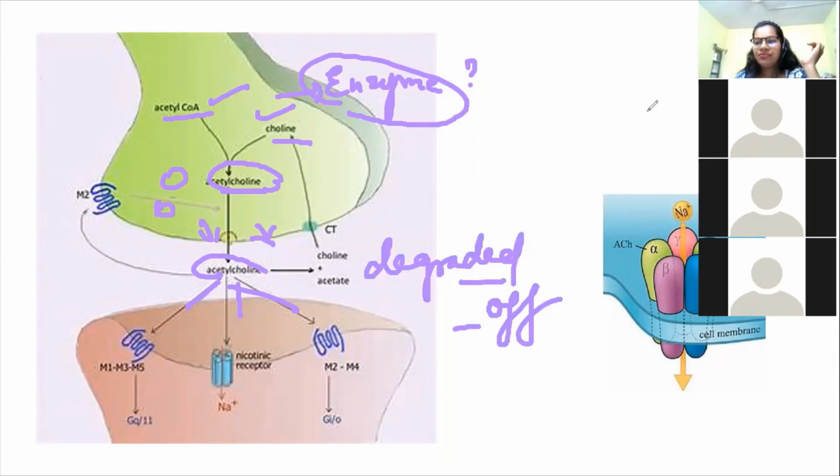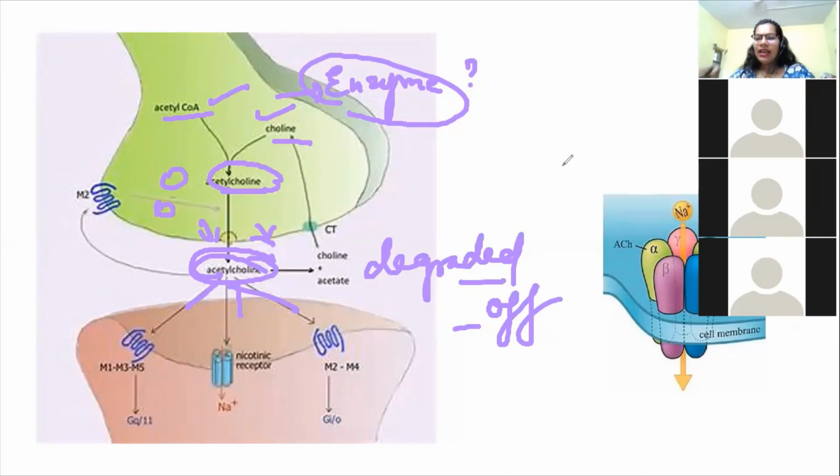Ranjan, do you know the answer? What will happen if the leftover acetylcholine is not removed from the synaptic cleft? Okay, I'll tell the answer.